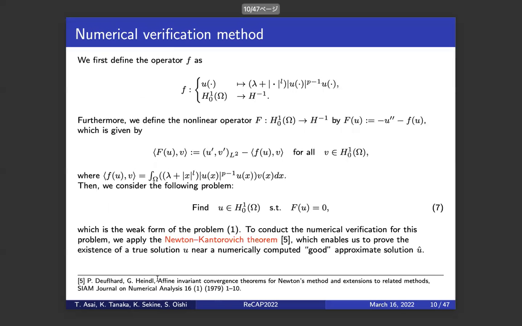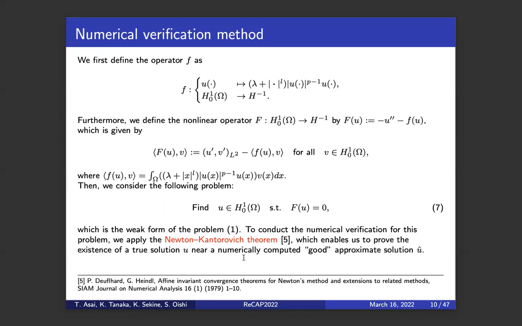Okay, then this is a numerical verification method. First, we define the small f operator like that, and then we consider the following big F problem like this. And so, to conduct the numerical verification for this problem, we apply the Newton-Kantorovich theorem.